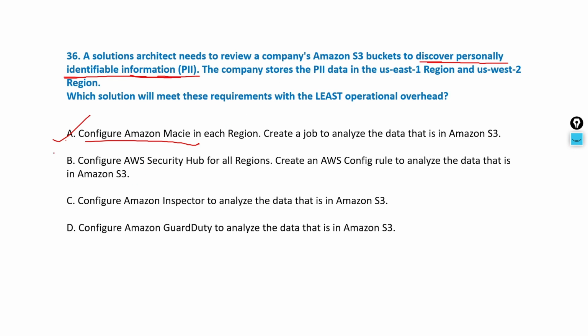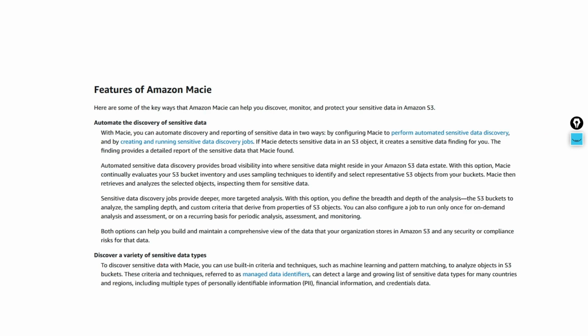We don't need to focus on other areas because Inspector is working on vulnerabilities, and GuardDuty is helping us with crypto attacks and all those things. So these options are not required. Let's focus on our keynotes here. Okay, here are the keynotes. You can see Amazon Macie can help to discover, monitor, and protect sensitive data in Amazon S3.